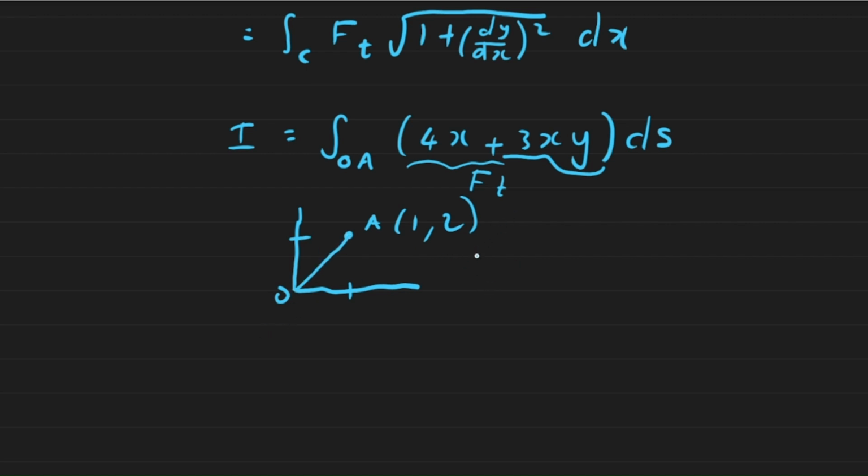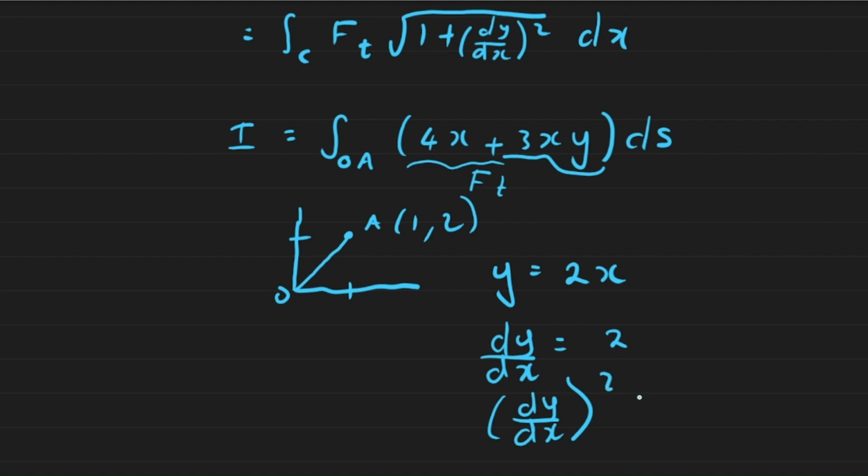So what this tells us is that this curve is actually the line y is equal to 2x. So y is just double the value of x. The intercept is the origin, and it's a straight line, so y is equal to 2x. So that means that dy/dx is equal to 2, and of course if we square this, (dy/dx) squared, then we just get 4.